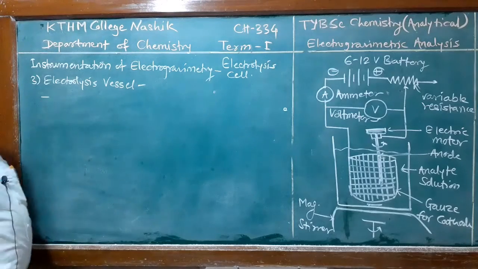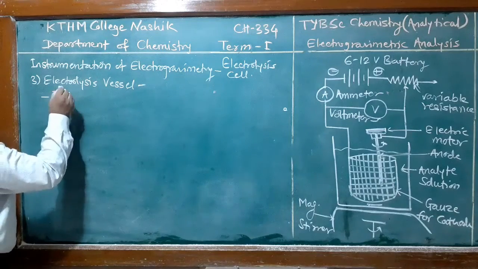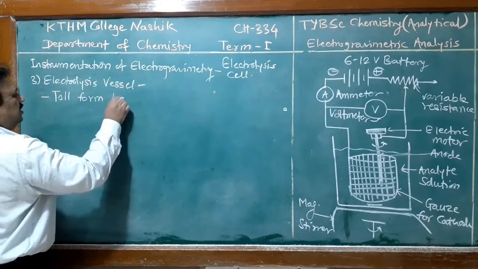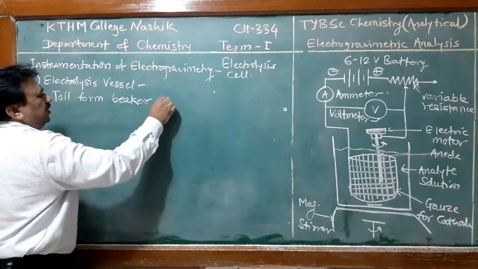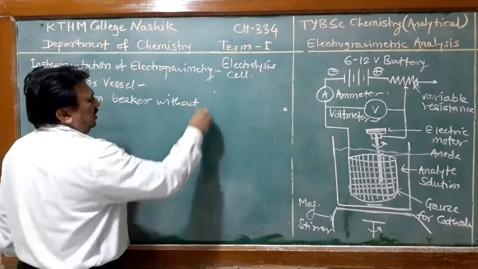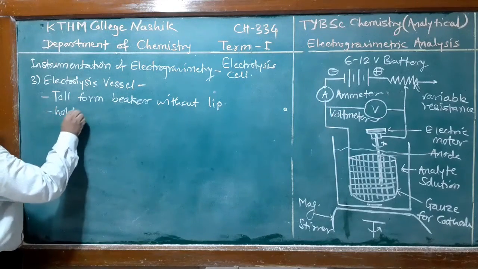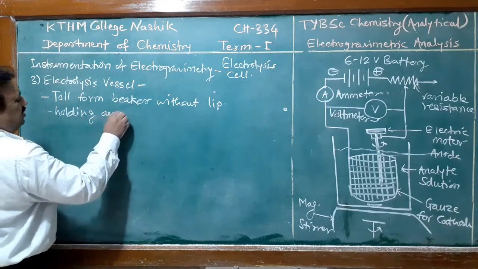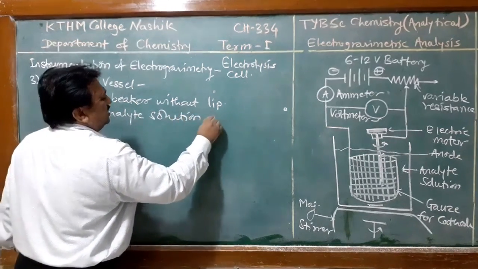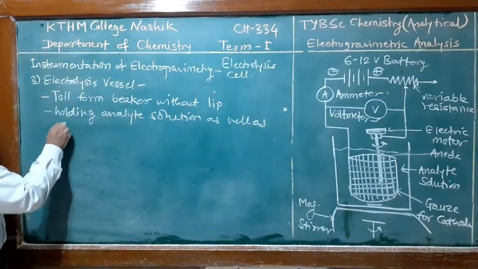The electrolysis vessel employed in the electrolysis cell is a tall form beaker. This is a bigger beaker, a tall form beaker without a lip, holding the analyte solution as well as the electrodes.